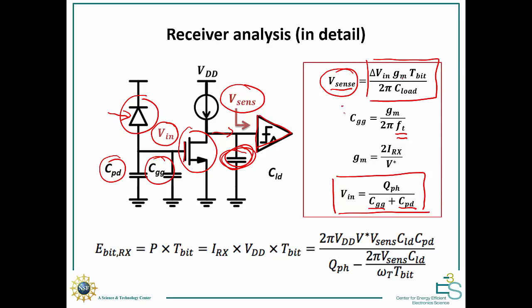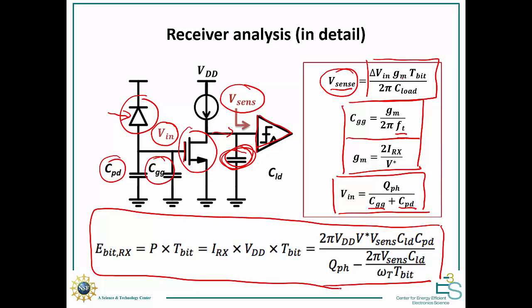Now, these two formulas, you should know, are classic transistor formulas. And when you put all these equations together, you end up with this formula for the total energy per bit of the receiver that I described earlier. It's proportional to the capacitance of the photodetector and mostly inversely proportional to the photon charge that is absorbed.